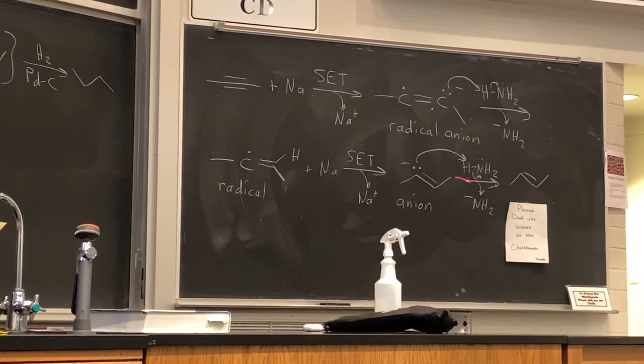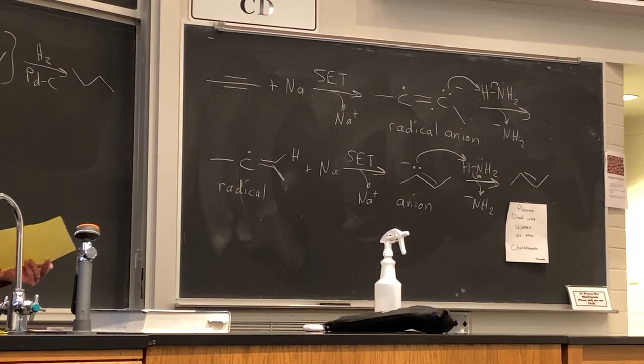So why do we get the transalkene? So notice a couple of things. The radical is still sp hybridized because the unpaired electron does not count as a group. So this carbon is sp hybridized. The lone pair does count as a group. So this carbon is sp2 hybridized. And then down here, this carbon goes in the single electron transfer from sp to sp2.